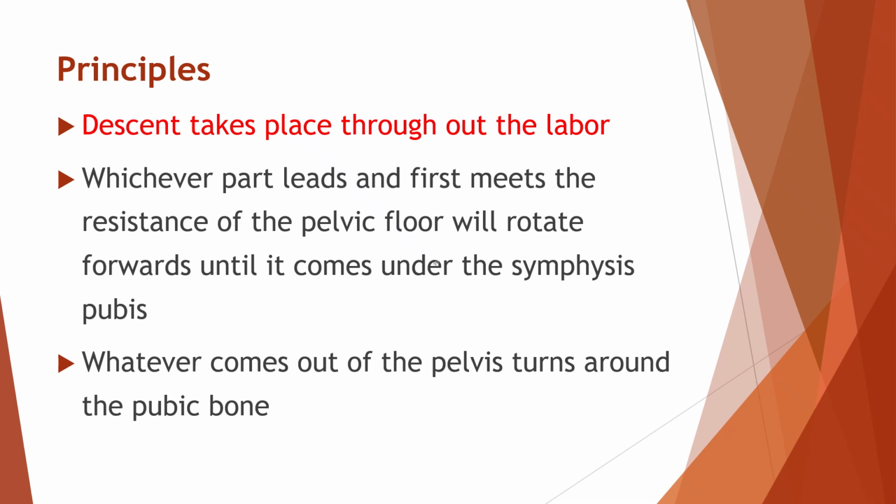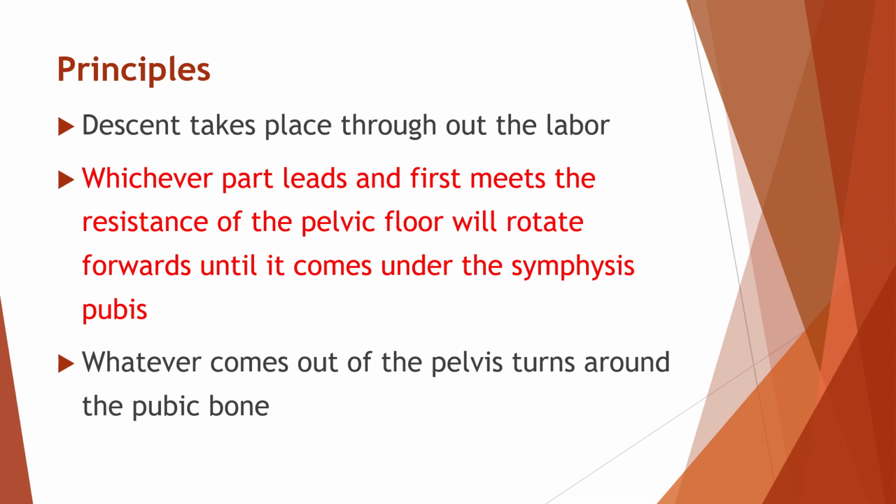Dear students, now let us look at the basic principles of the mechanism of labor. One important principle is that descent of the baby happens throughout the entire process of labor. This means the baby gradually moves downward through the birth canal from the beginning until delivery. Another principle is that whichever part of the baby comes first and meets the resistance of the pelvic floor will rotate forward.